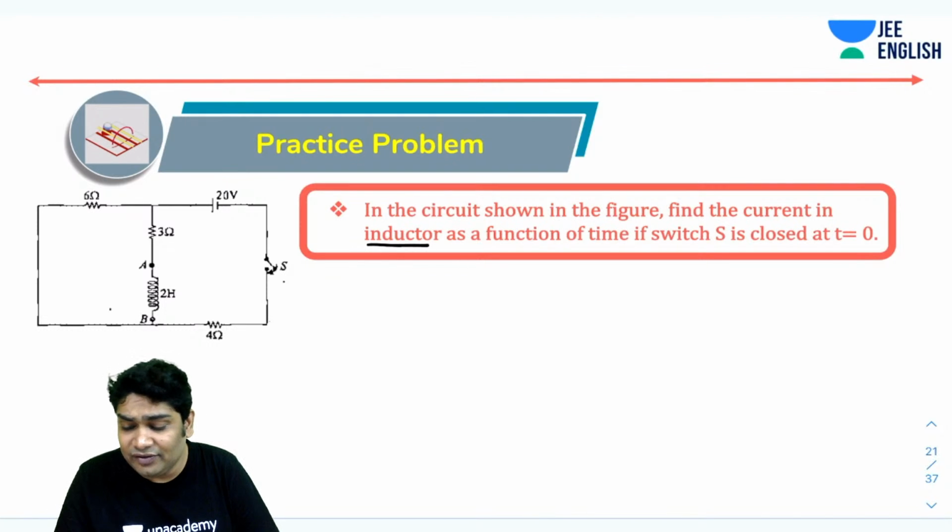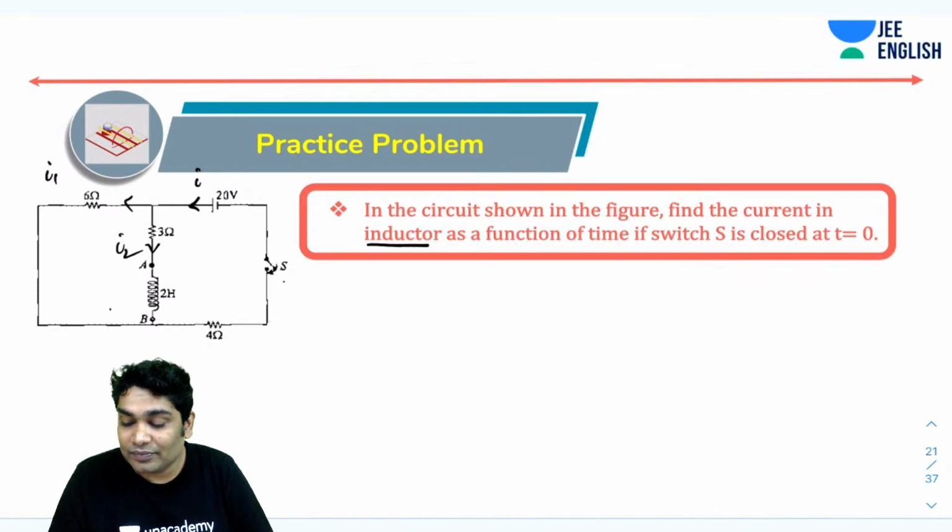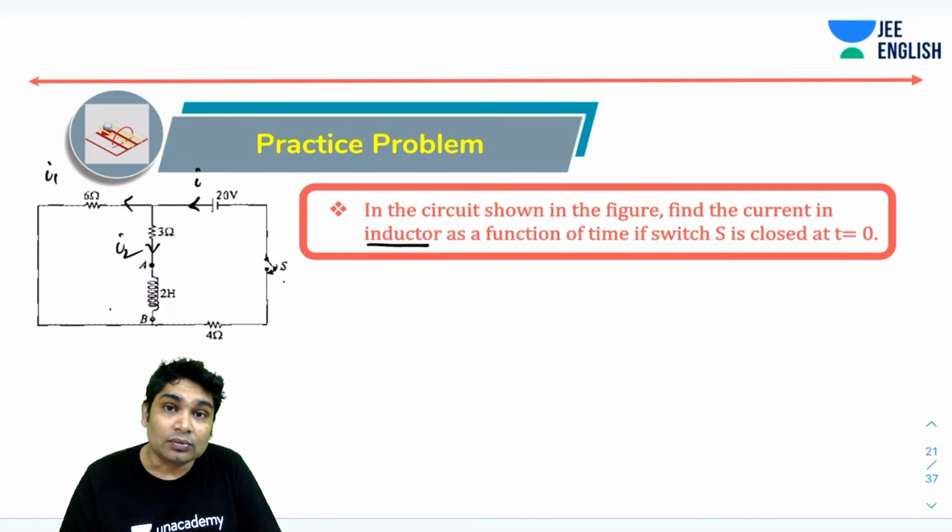You could have even derived the expression for current through the battery also as a function of time. We can do all that. So what do you think would be the expression? Give me all the expressions. Give me this I, give me this I1, and give me this I2 as functions of time, after that switch is closed. At t equals 0, you have to imagine all these were 0, and now the switch is closed.